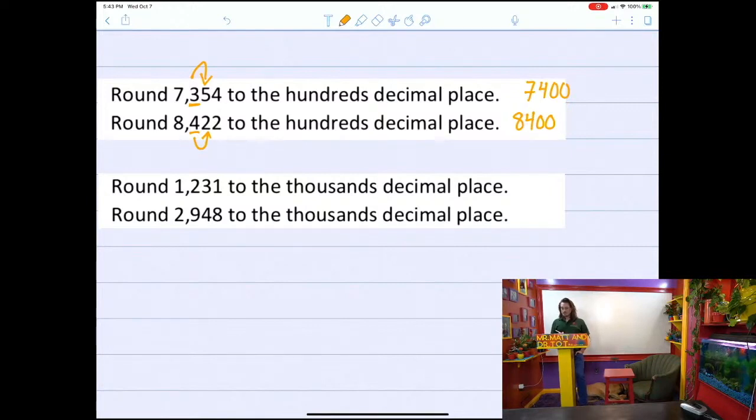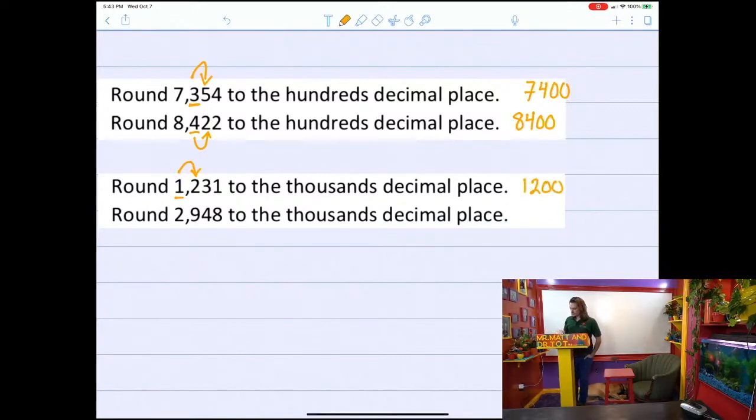The third question, round 1,231 to the thousandths decimal place, so we're rounding to this decimal place now. The number directly to the right is a 2, so we're going to round down to 1,200.